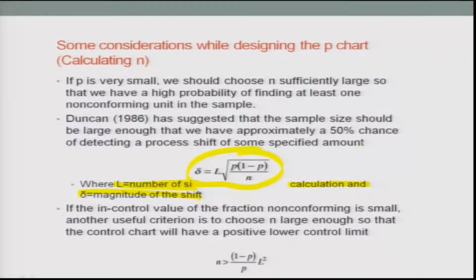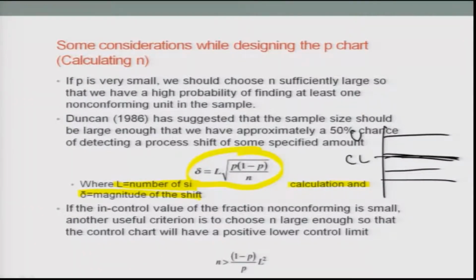So, these shifts are, let me highlight. You have the central line, this is the central line, this is the upper control line, this is the lower control line. As the shift happens, the central line remains the same. Let me use different colors to highlight that.